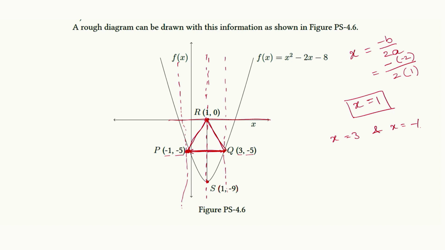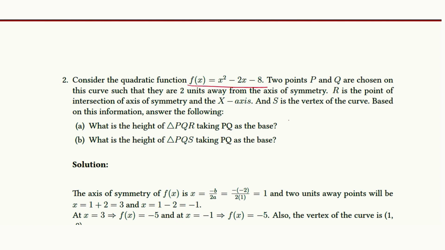So the height of this triangle is nothing but the distance between these two parallel lines, y is equal to 0 and y is equal to minus 5. The distance between these two lines will be the height of this triangle, which is nothing but 0 minus minus 5, which gives us 5 units. So the answer to our first question is 5 units.